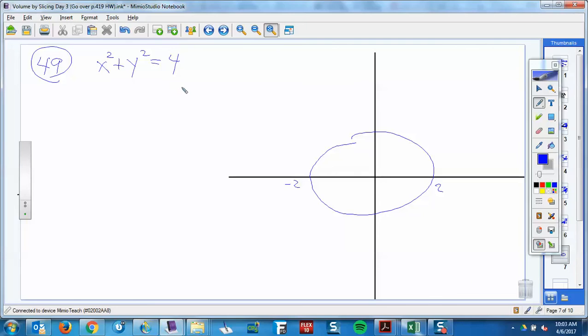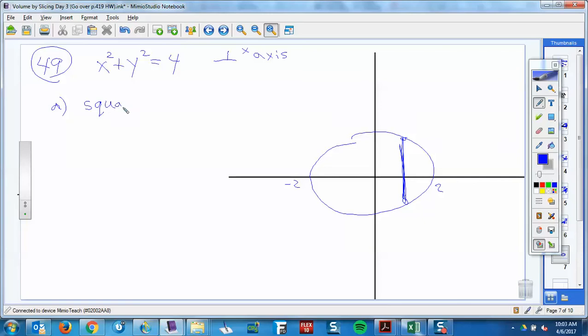What else do they tell you? Well, they tell you about the slices. Perpendicular to the x-axis. So we know our slices are going to be here. And what are they in part A?